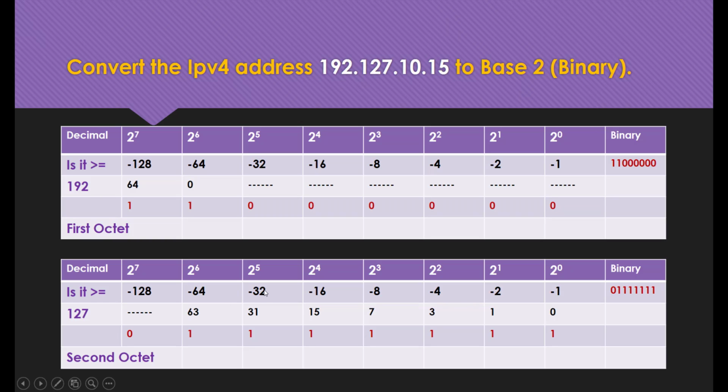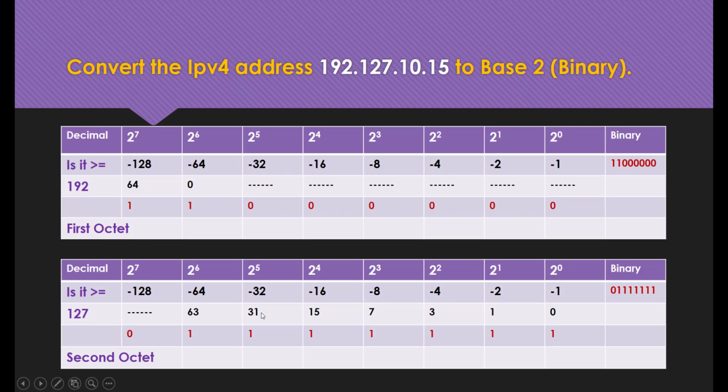So we'll take 63, the remainder, to the next column, which is 32. Is 63 greater or equals to 32? Yes, it is greater. So that's why we have 1, which is true. And by the time we subtract 32 from 63, we get 31. We take that remainder again to the next column. Is 31 greater than or equals to 16? Yes, it is greater than 16. So that's why we have 1 here.